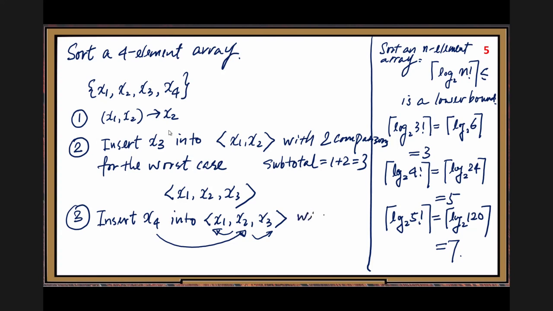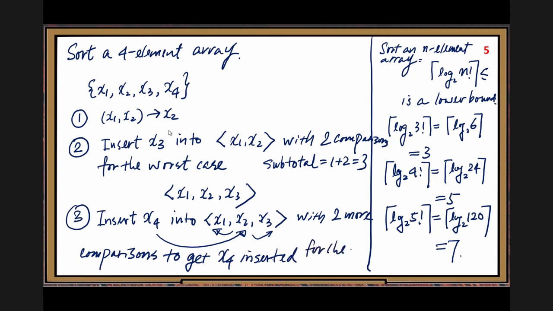So in this way, with 2 more comparisons, we get x4 inserted for the worst case.